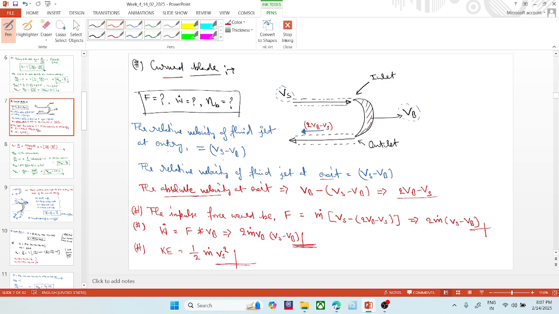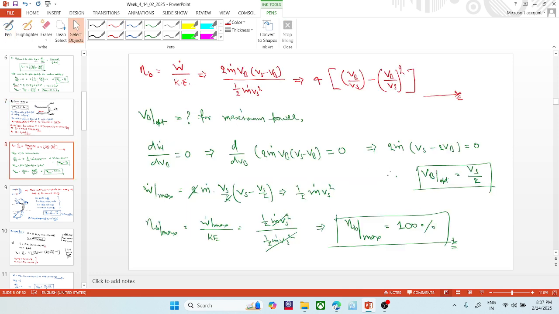Then we have the value of kinetic energy of the jet as half m dot Vs square. Next, we have calculated the blade efficiency. The expression would be W dot divided by the kinetic energy. Okay, so the values are coming like this.